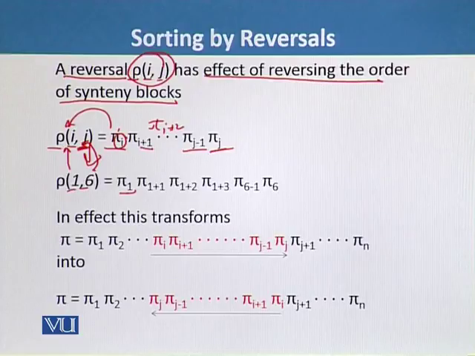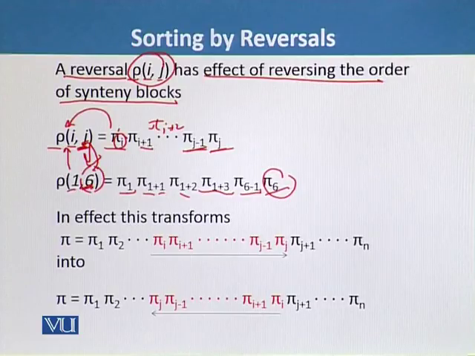We continue with 1 plus 1, meaning i plus 1, then 1 plus 2, meaning i plus 2, and so on until we reach the second last value, j minus 1, meaning 6 minus 1, and the last value is 6. By this we can write the mathematical formula for this reversal.